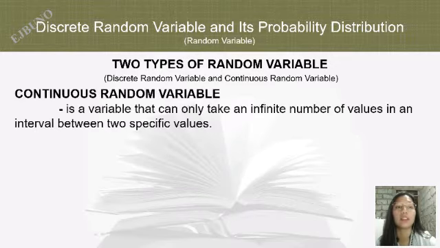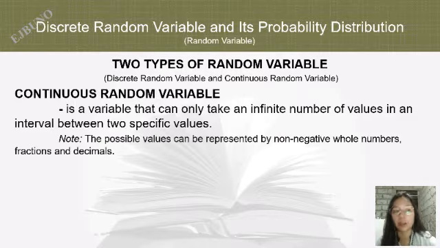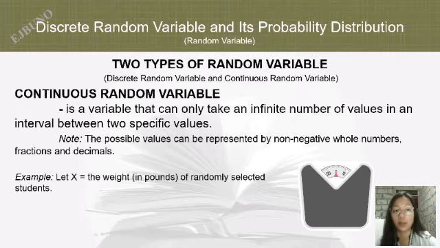The next is the continuous random variable. It is a variable that can take an infinite number of values in an interval between two specific values, which is an uncountable number of values. Note, the possible values can be represented by non-negative whole numbers, fractions, and decimals. For example, let X be the weight in pounds of randomly selected students.